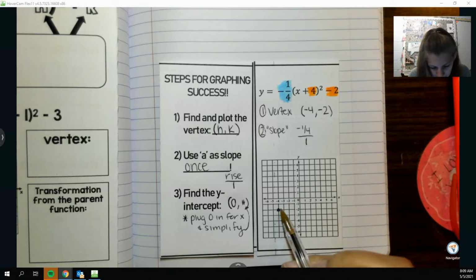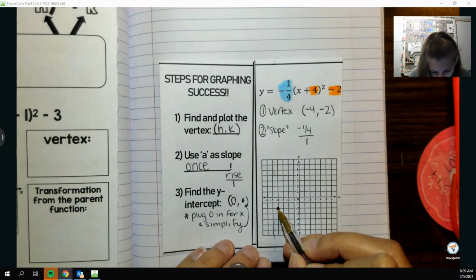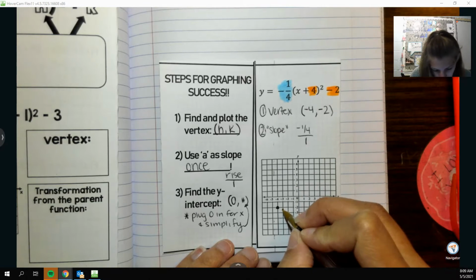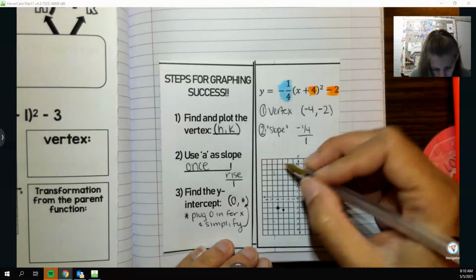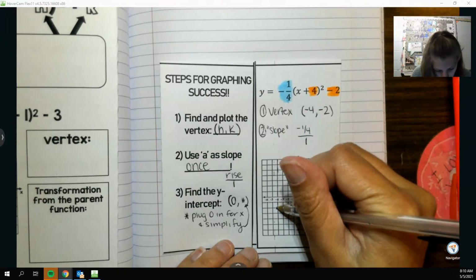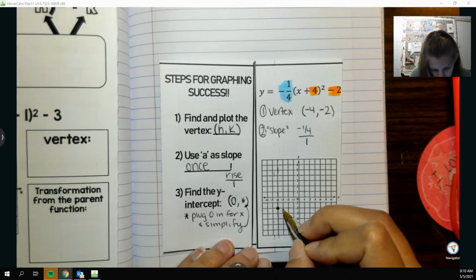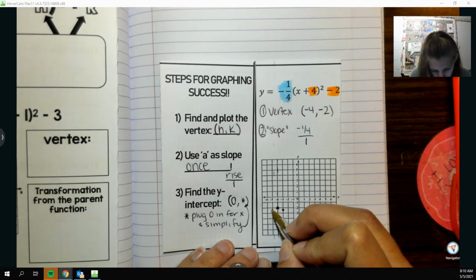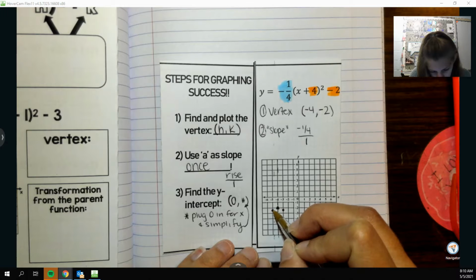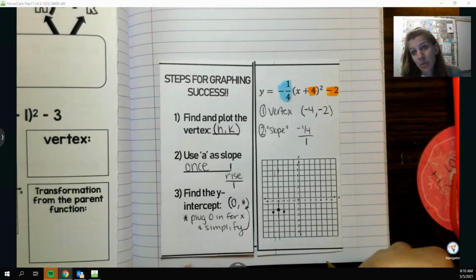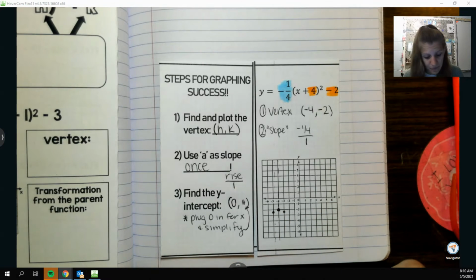So from here, I'm going to go down 1/4, which is just a little smidgy. And then I have to go over 1. And again, because I have my line of symmetry that goes through the vertex, I can flip that point over and put it on the other side. So I can already see my little parabola taking shape.